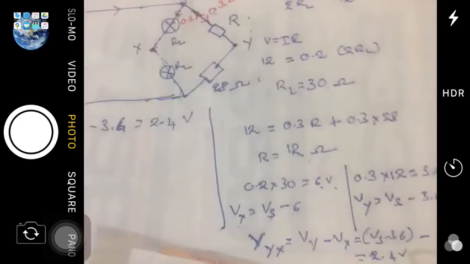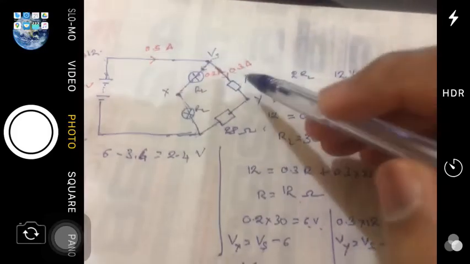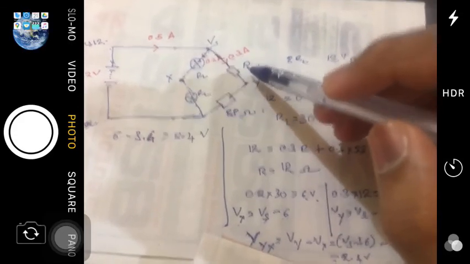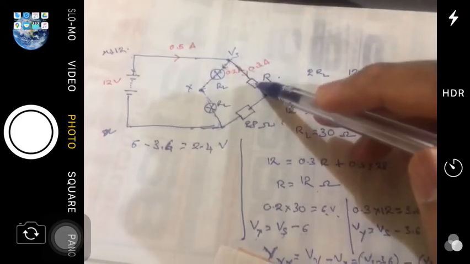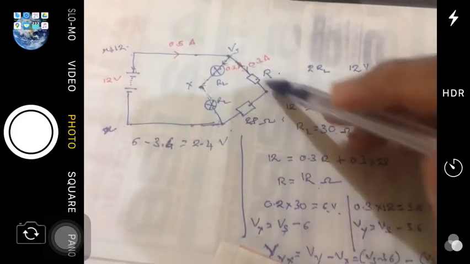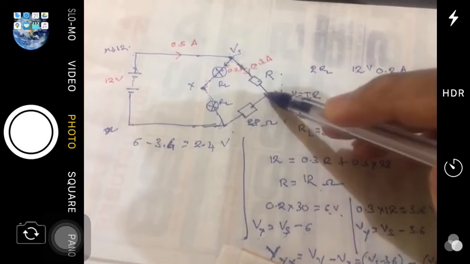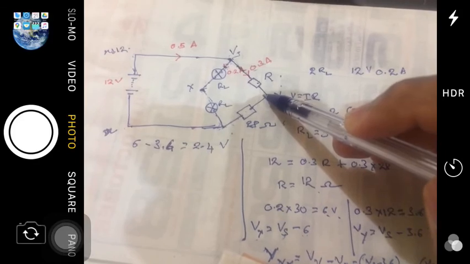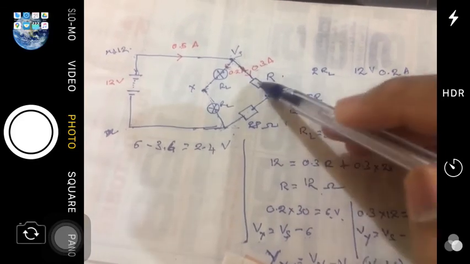Then in the D part, they are asking what would happen if the resistor R is now replaced by a resistor of lower resistance. So when you replace this with a lower resistance, the resultant of these two resistors would decrease, and in a parallel combination the resultant resistance will also reduce when this one reduces.